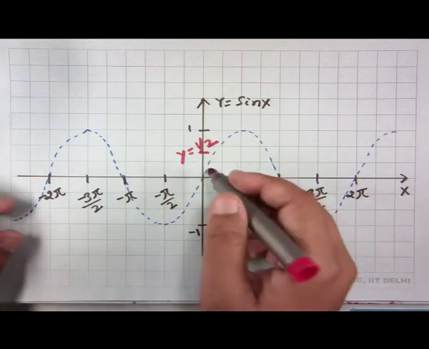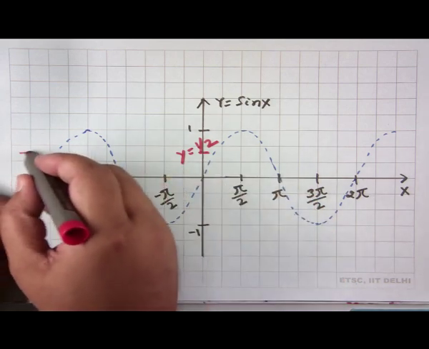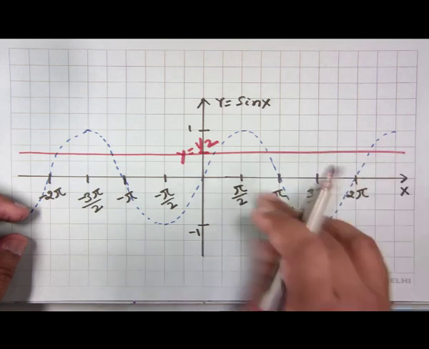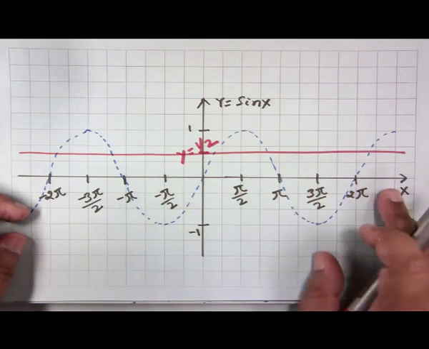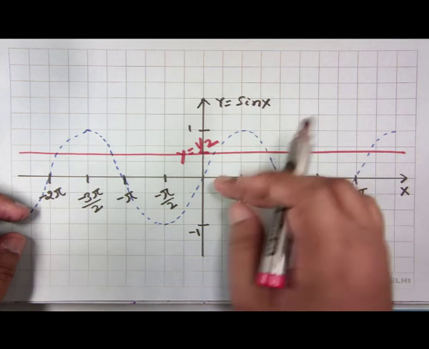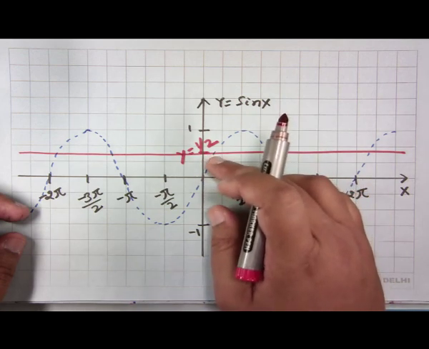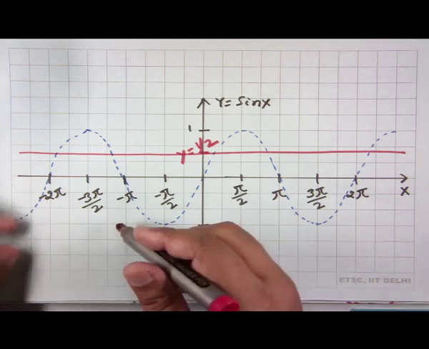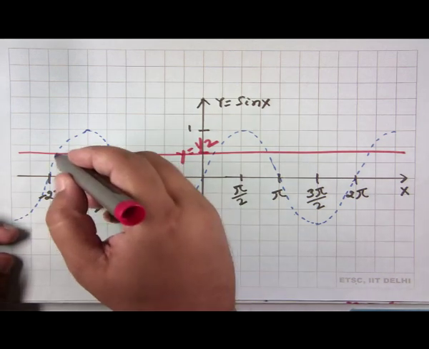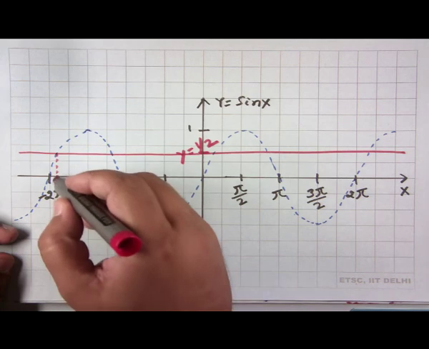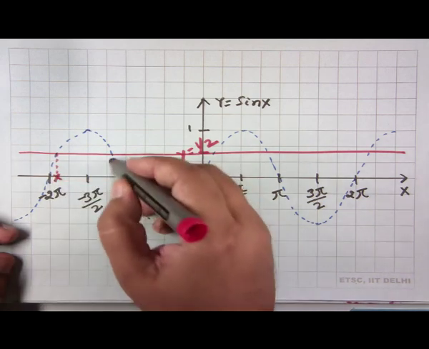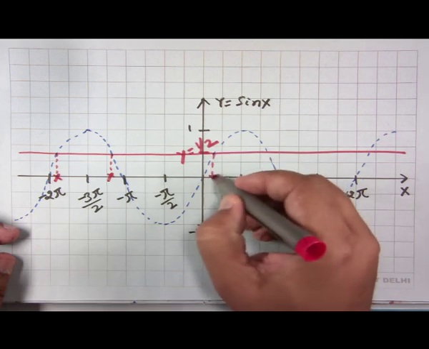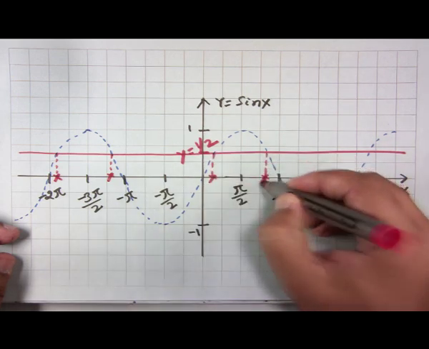So, we draw a horizontal line which is parallel to the x axis and at a displacement of half on the positive side of the y axis. Then we see that there are many values of x, for example, this value and this value here and this value of x.